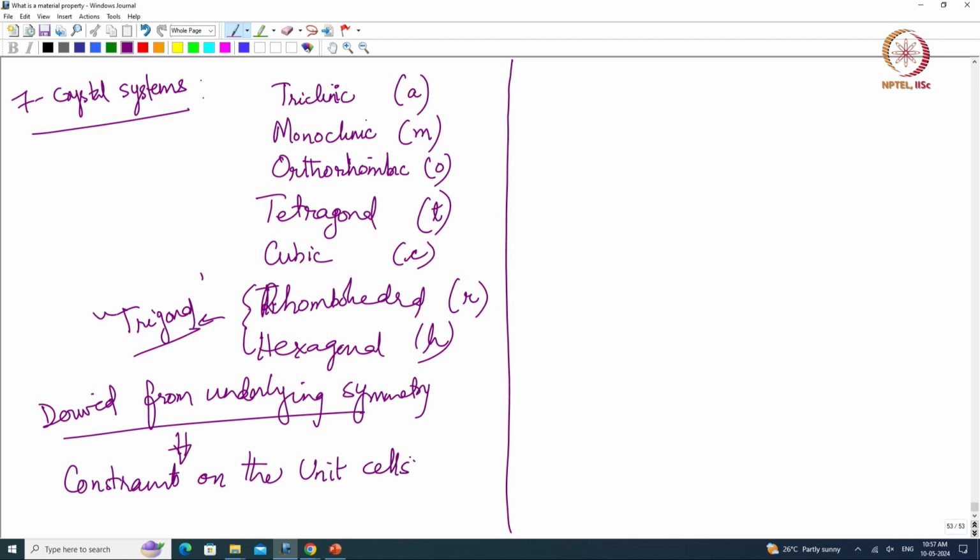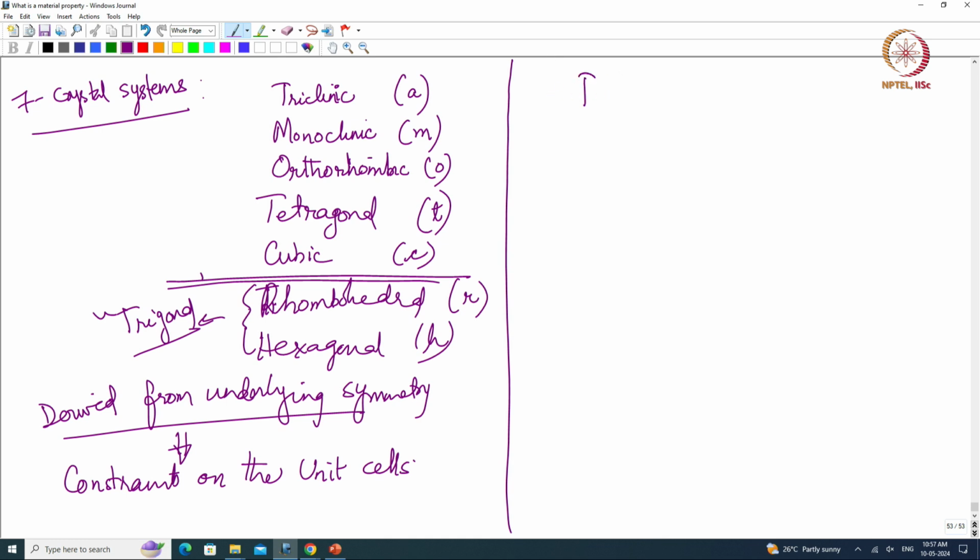And these constraints we said are, although I did not say it specifically until I spoke about the trigonal or rhombohedral systems, the systems with threefold and sixfold axis of symmetry.